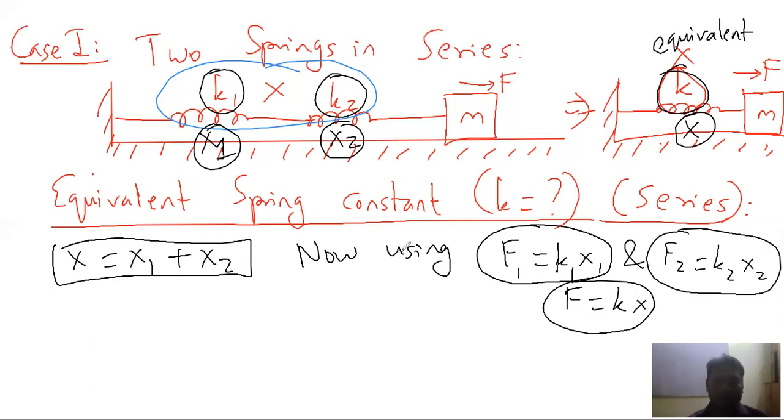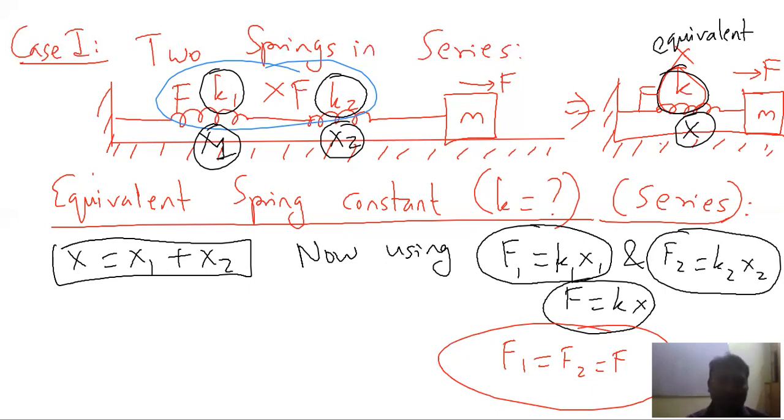So now let us see. In this case, the magnitudes of forces F1, F2, and F will be equal. Why? Because the two springs are in series, so both the springs will have the same force F. Similarly, the same force F is in the equivalent spring.